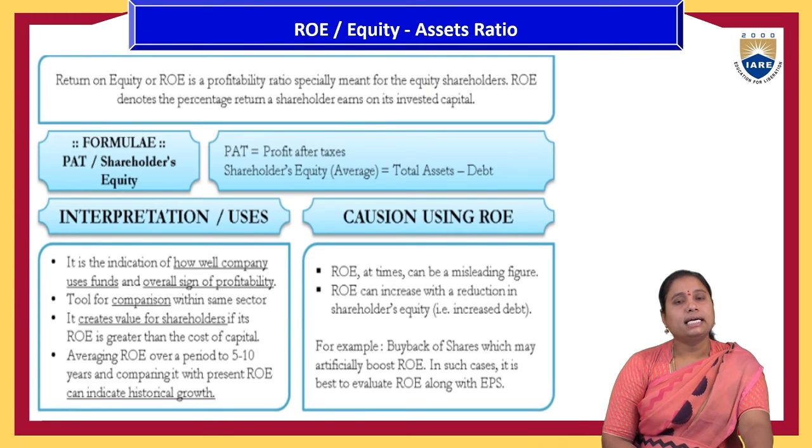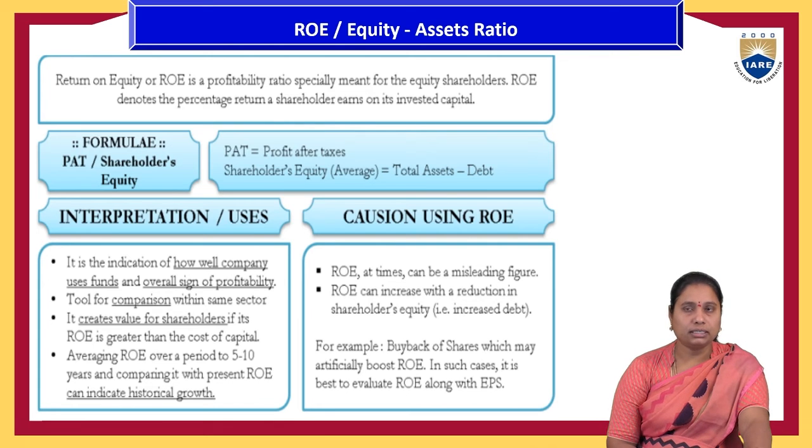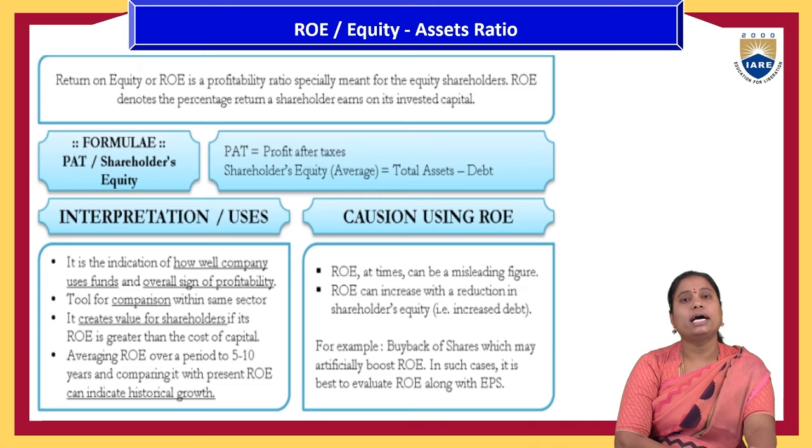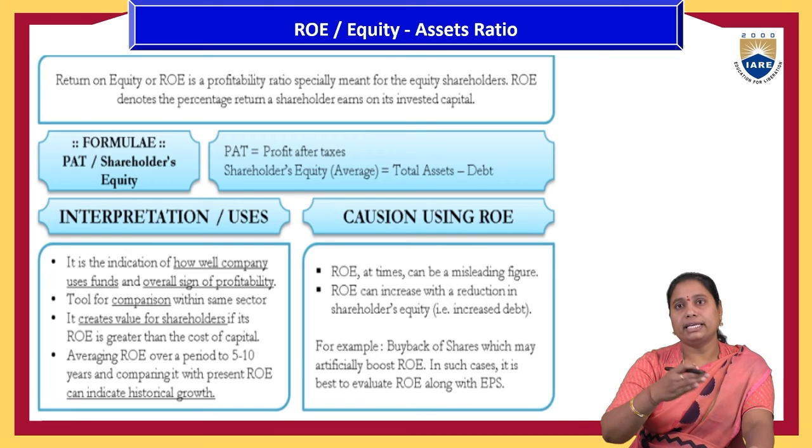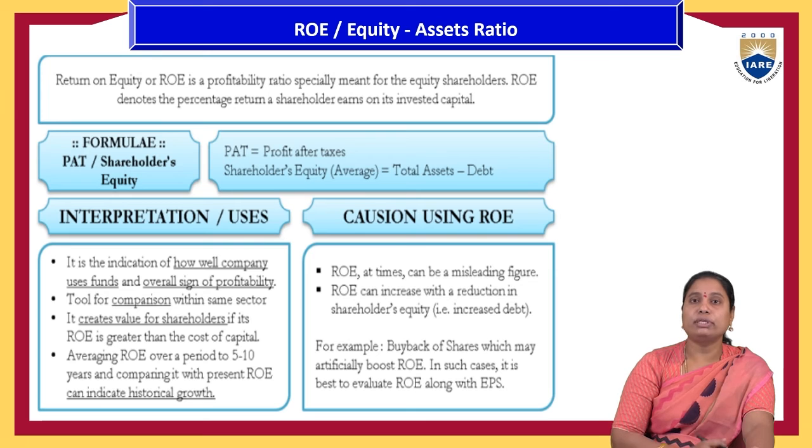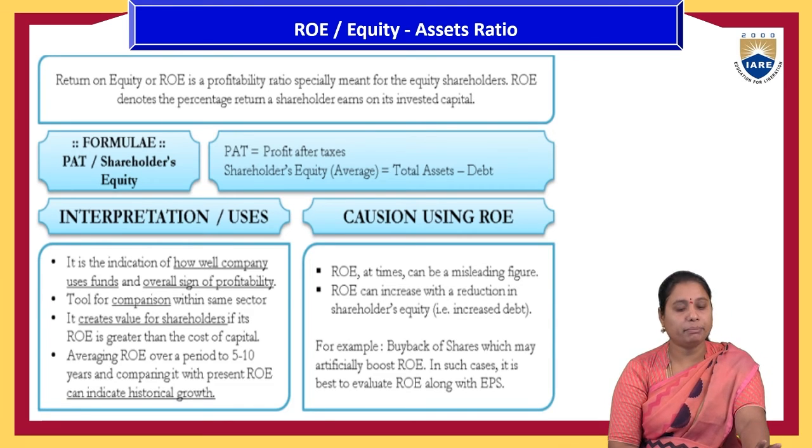The next one is the equity assets ratio, which is also called ROE, return on equity. Out of the total assets, if we subtract the debt capital, the remaining balance left for the equity holders is calculated on a return on equity basis.